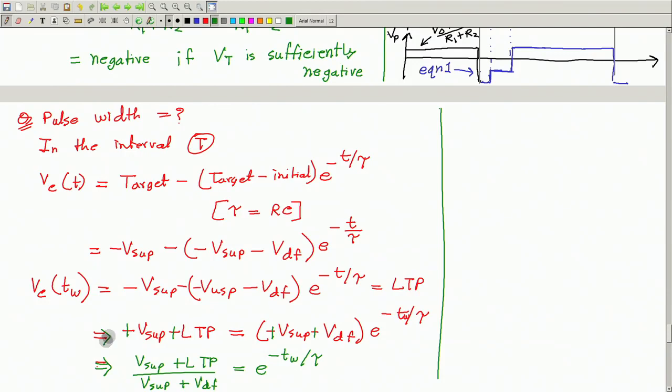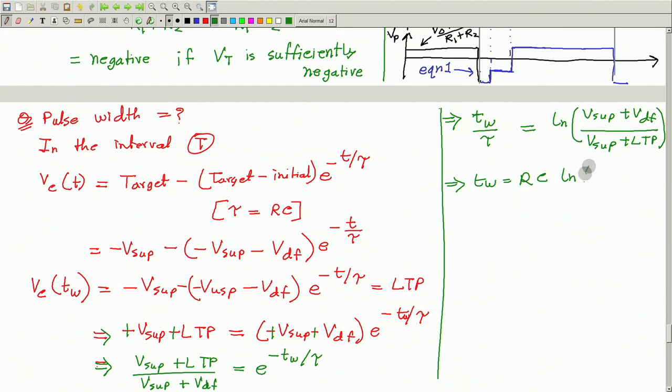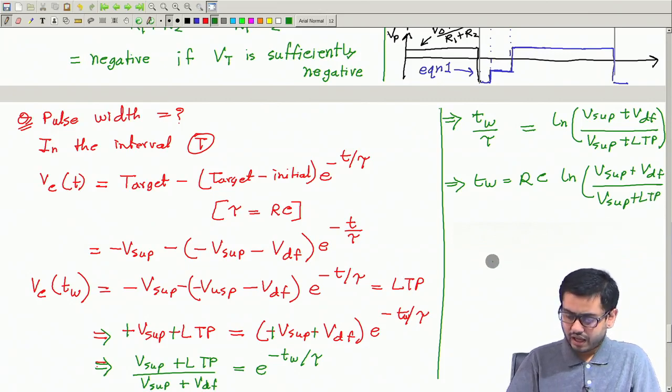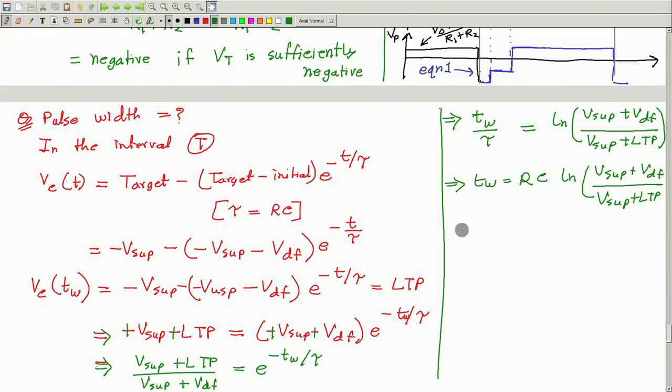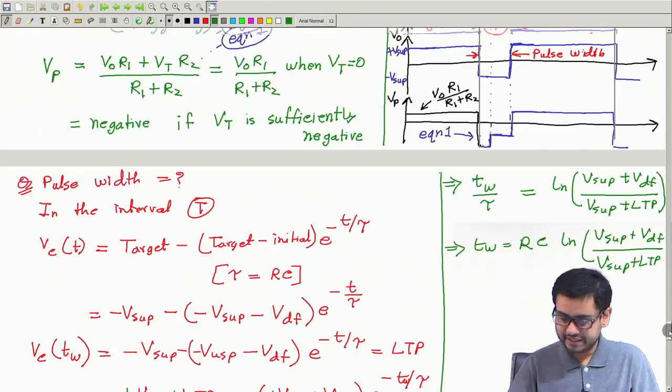From this, ln of the inverse of this will be Tw by tau, and from this Tw will be, tau is nothing but RC, RC ln of the same thing. So, now this is the pulse width.